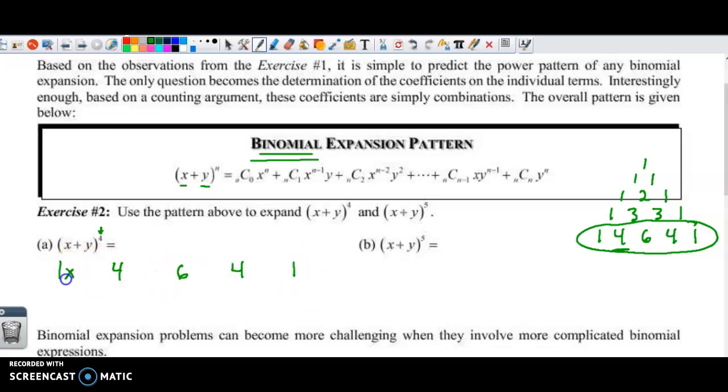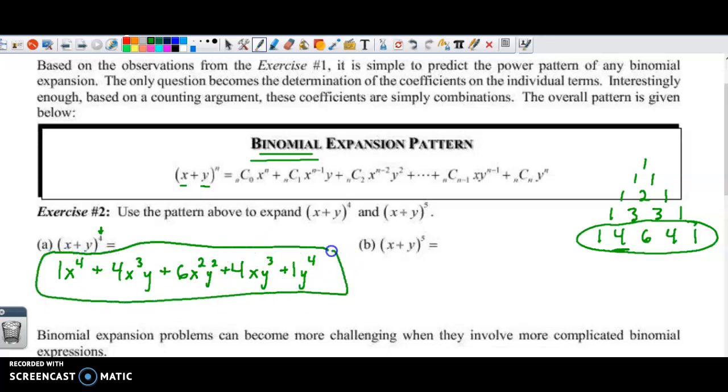And then you start with x to the 4th, x to the 3rd, x squared, x, and then there's no x over here. And then I like to start with y to the 4th over here, and then y cubed, y squared, y, and then no y, and then the only thing I'm missing now is putting some plus signs in here. And that's how you can quickly evaluate that piece. And we're done with that.